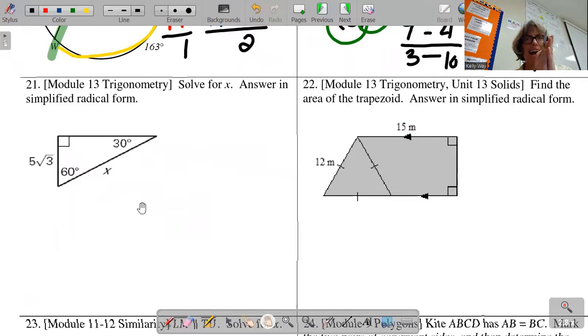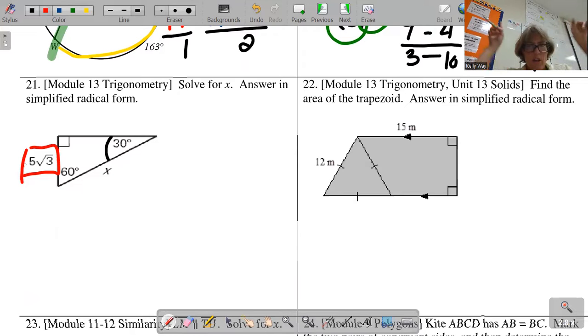30, 60, 90: short leg, root 3, short leg times 2. You start with the short leg, which is always across from the 30.